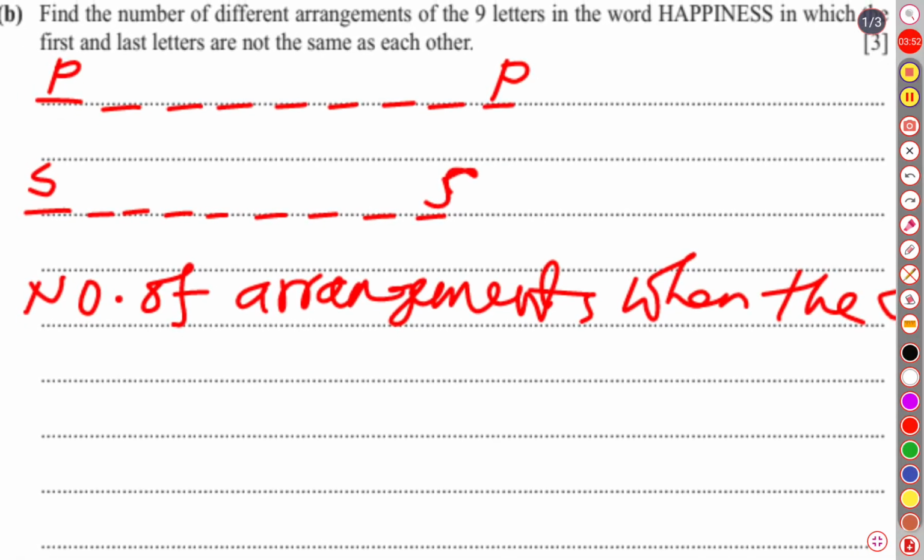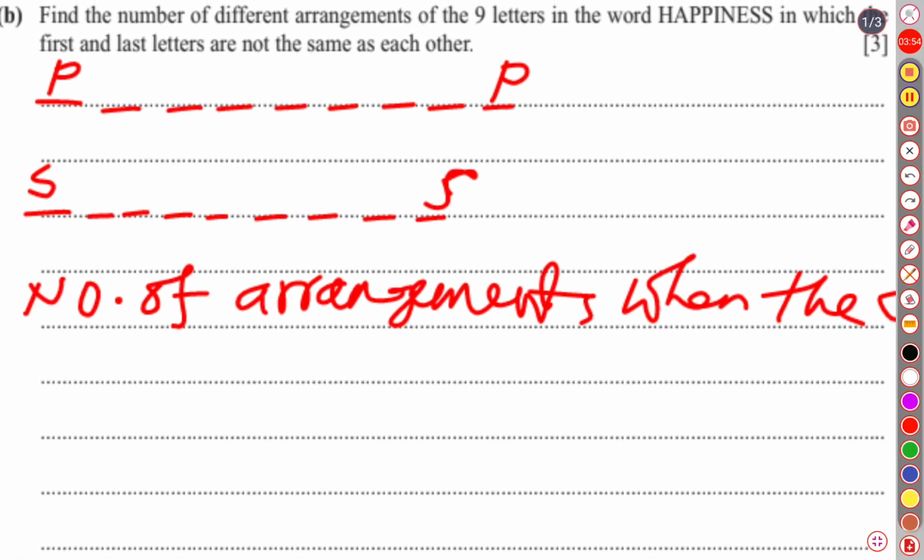So what will be the number of arrangements? If the first letter is P and so is the last one, how many places are there in between them? 7 places. So the letters in between the first and last letters have 7 factorial ways.